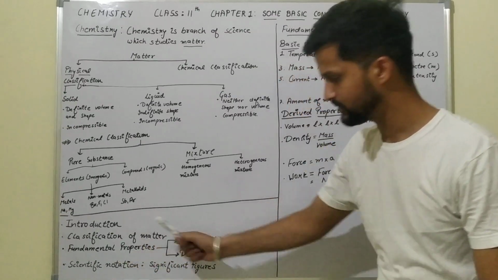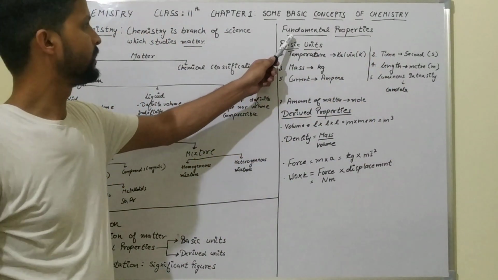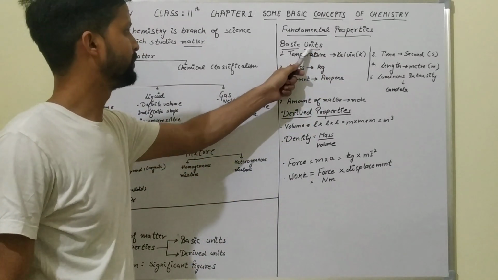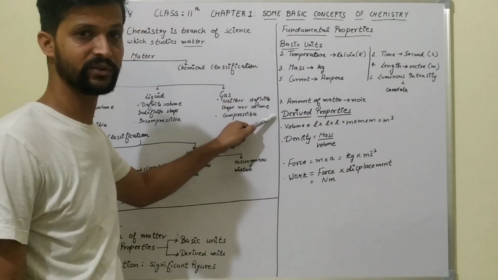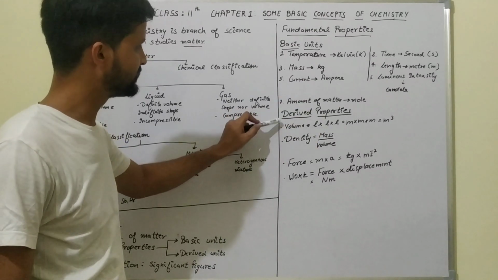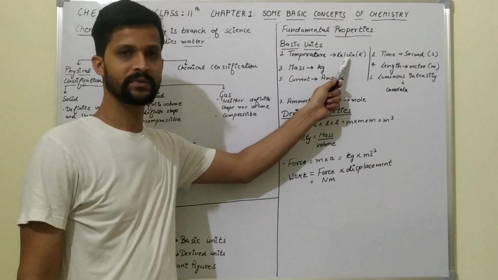Now the next part is fundamental properties. Here the fundamental properties are the basic units, and these are the derived units. Derived units means these are derived from the basic units. Temperature is measured in Kelvin.